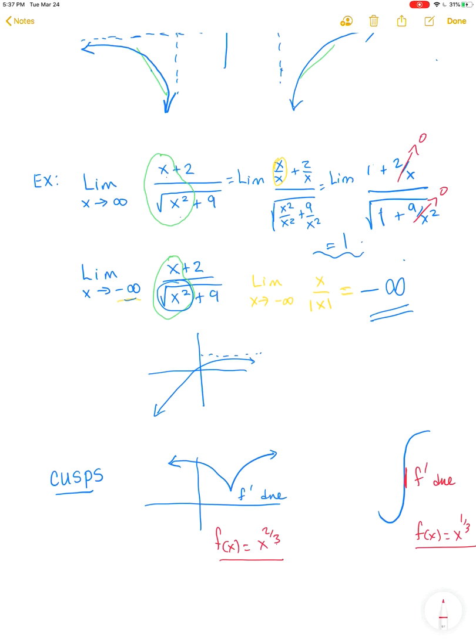Same deal here. I've got a cube root, so it's defined for all x. Its derivative is going to have a 0 in the denominator. What makes them have their shapes is the concavity. So it's the second derivative that's going to tell us, oops, that's concave up, silly. We look at the second derivative to decide what happens where the derivative fails to exist.